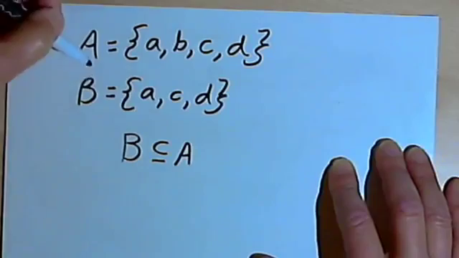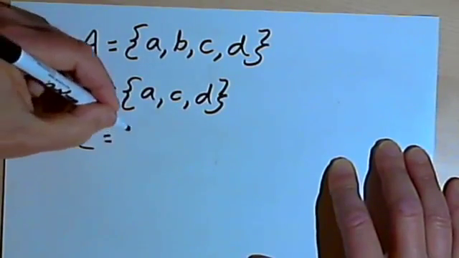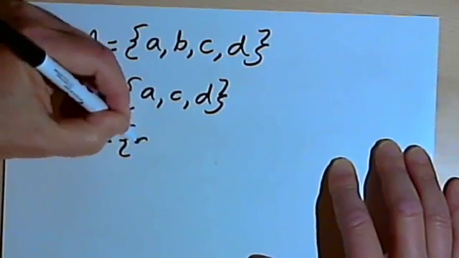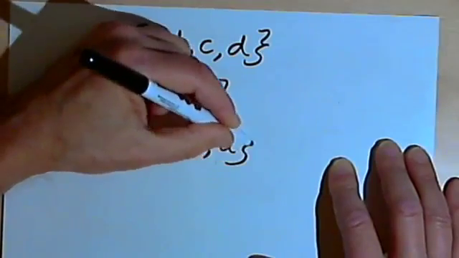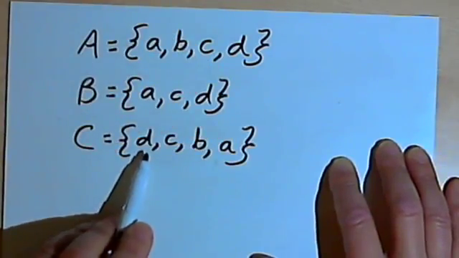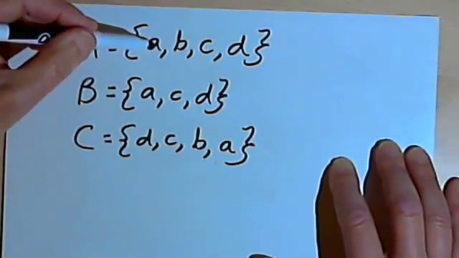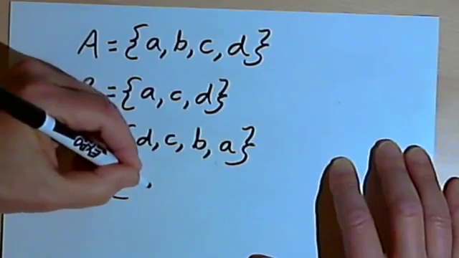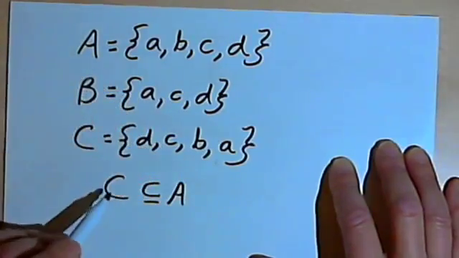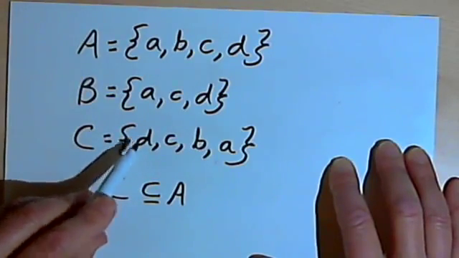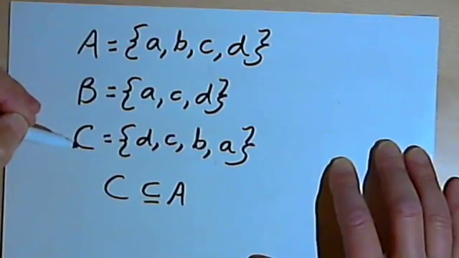Okay. Now, let's say I add another set. Let's say I have set C. And set C contains the elements D, C, B, and A. Well, all of the elements in set C are also found in set A. So I can say that set C is a subset of set A. Set C also has exactly the same elements as set A. In other words, sets A and C are equal to each other.